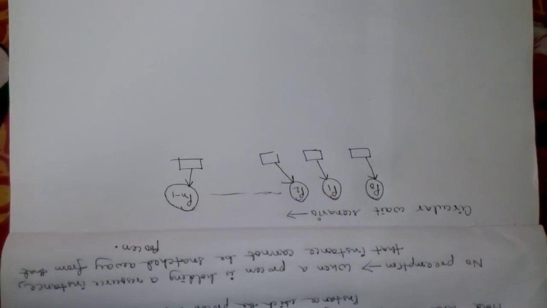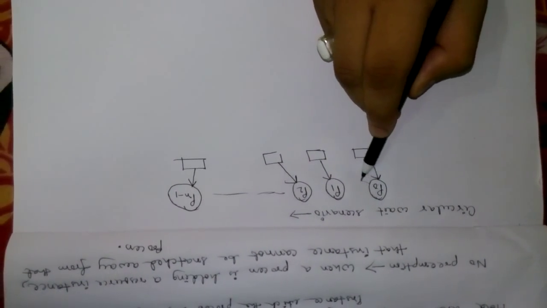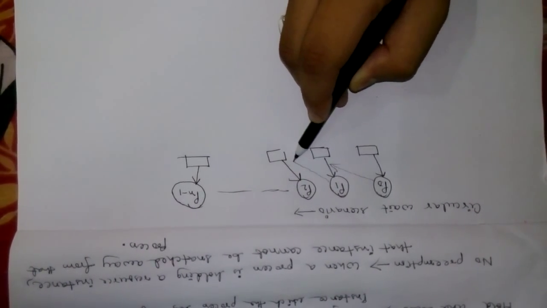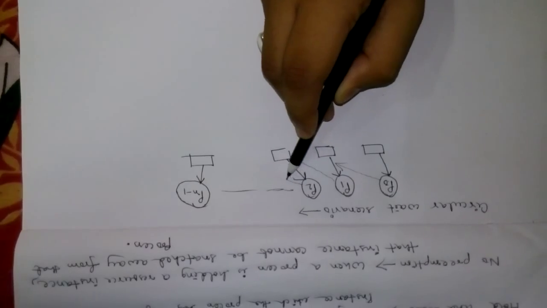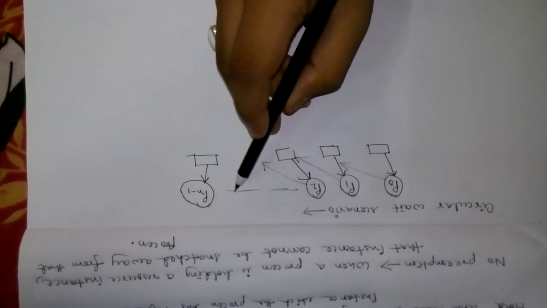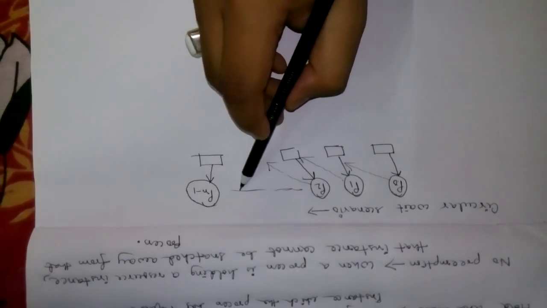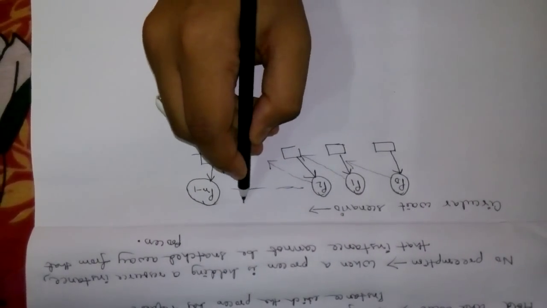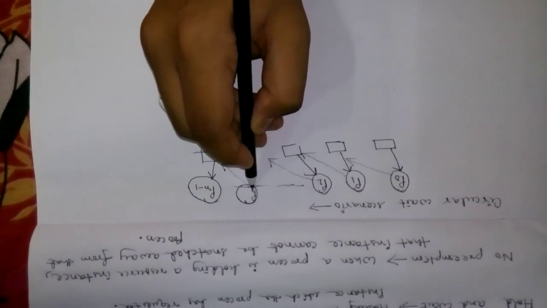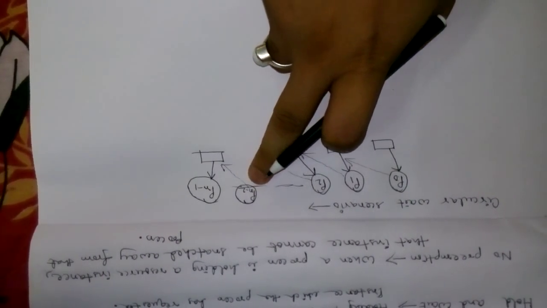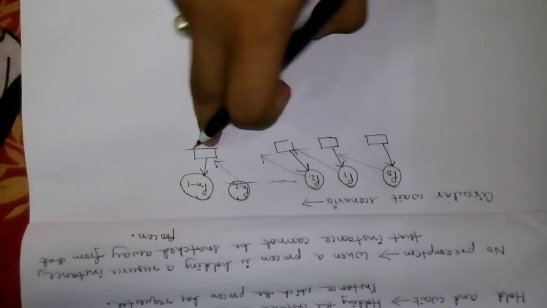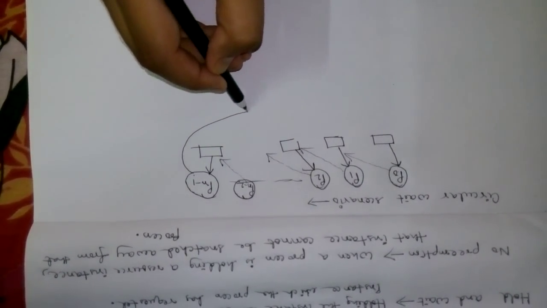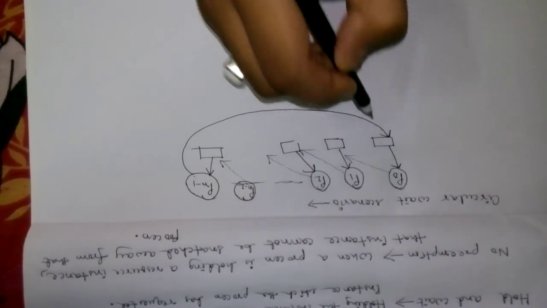Now we have a scenario where P0 requests for this instance, P1 requests for this instance, P2 requests for the next instance. Then the Pn minus 2th process requests for this instance, and the last or the nth process requests for this instance.